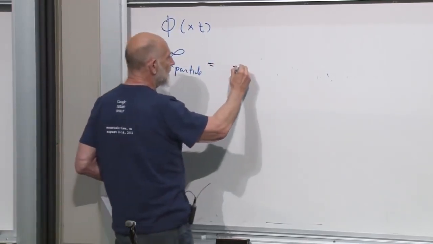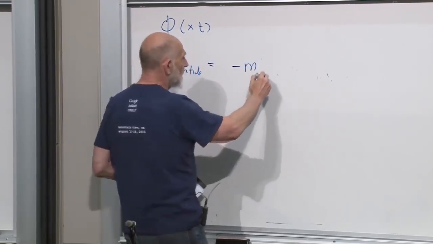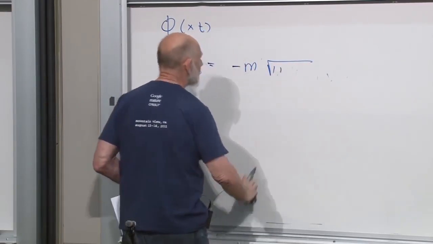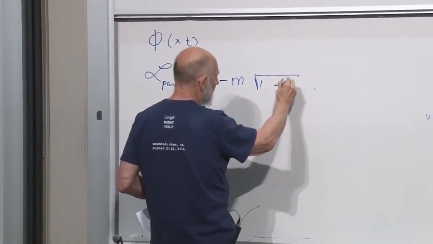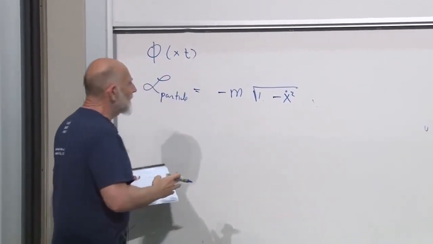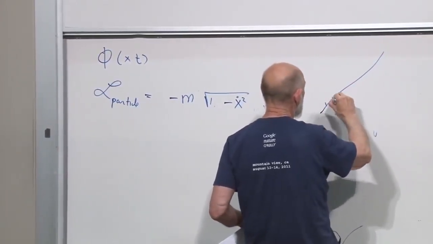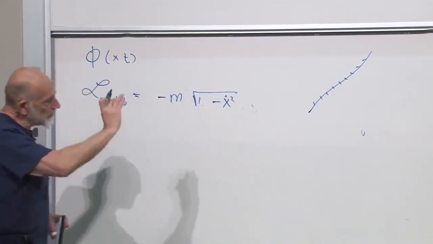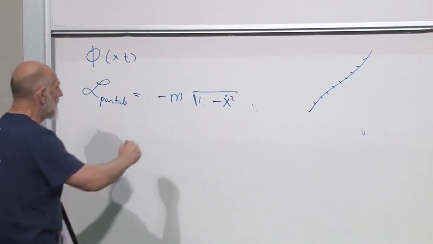To begin with, it contains minus m times the square root of 1 minus x dot squared. What was this? This was the term in the Lagrangian that corresponded to an action which just added up all the proper times along the little segments of a path, multiplied by minus m.